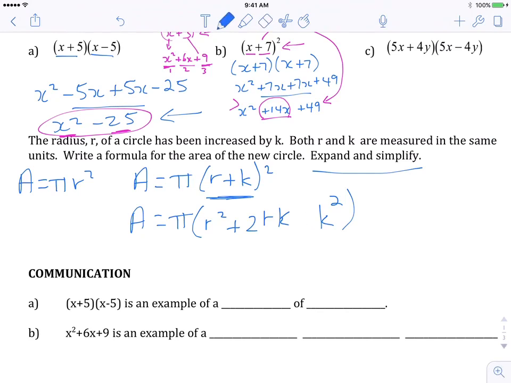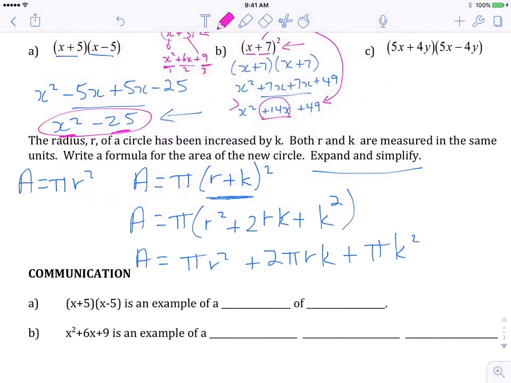Now I'm going to distribute the pi throughout that trinomial. So I'm going to have A equals pi r squared plus 2 pi r k plus pi k squared.